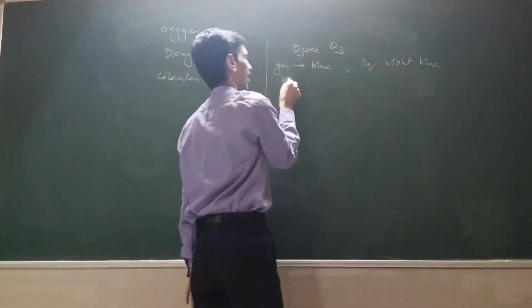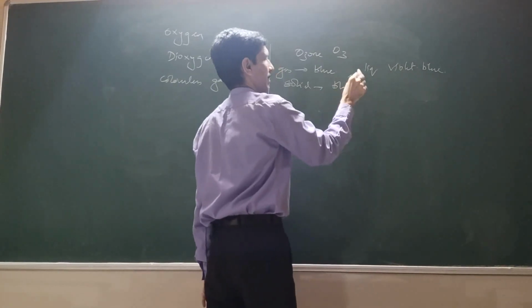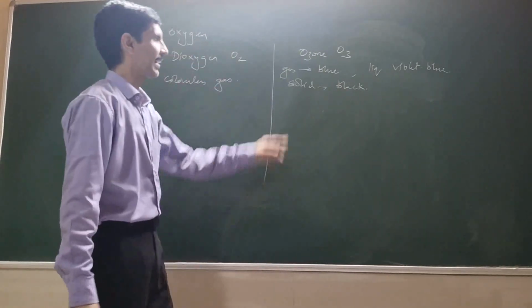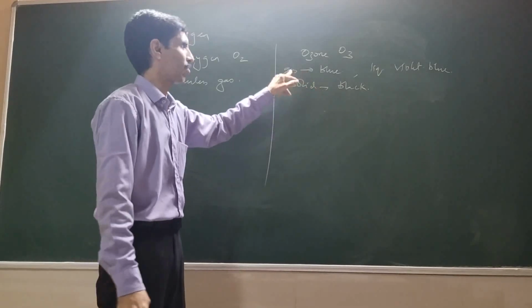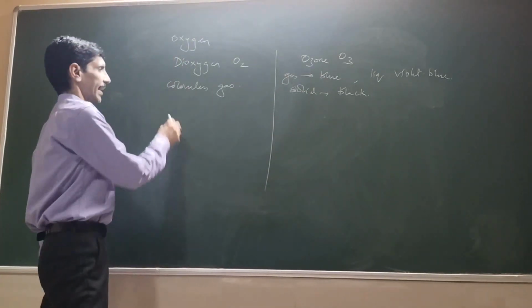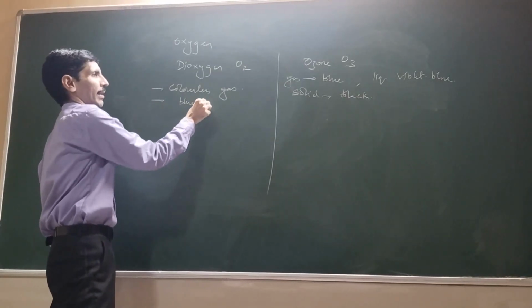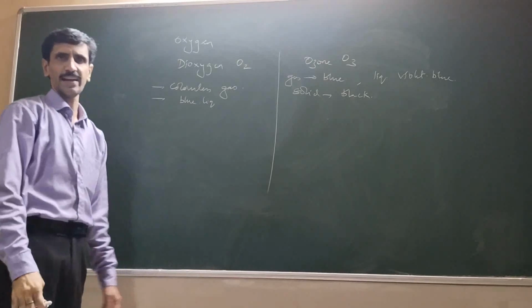When it is in a solid state, it is black. So you can see the intensity of the color increases as we go from gas to liquid to solid. Of course, it can be liquefied and it will give you a pale blue liquid.